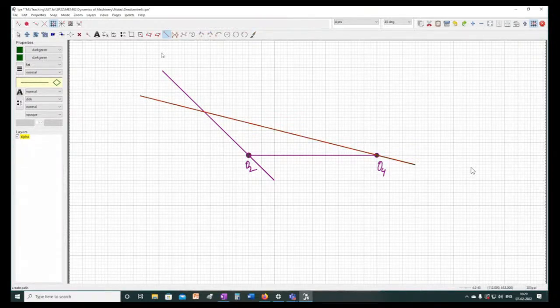Okay. Let me extend this line a little bit.